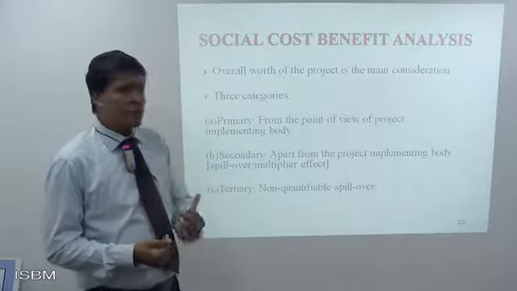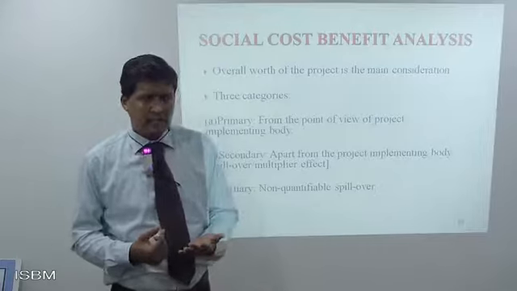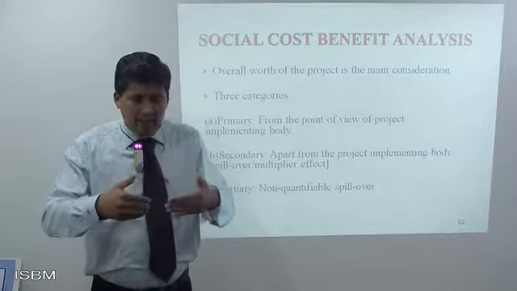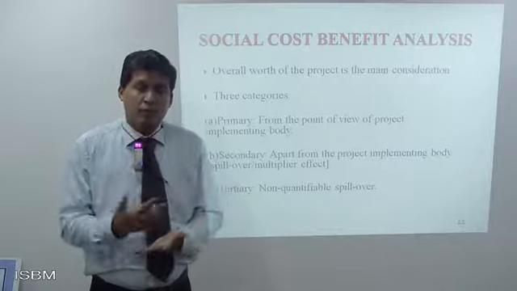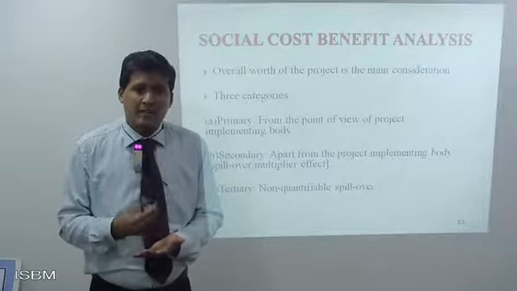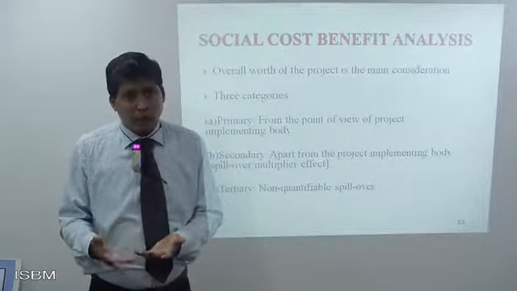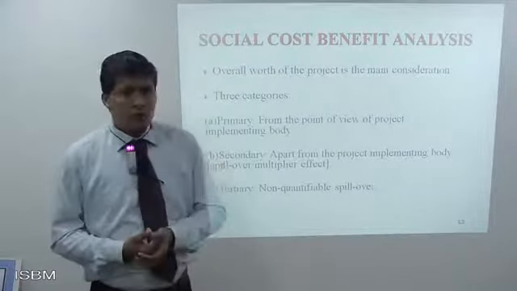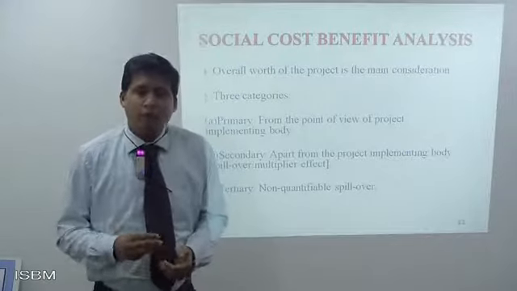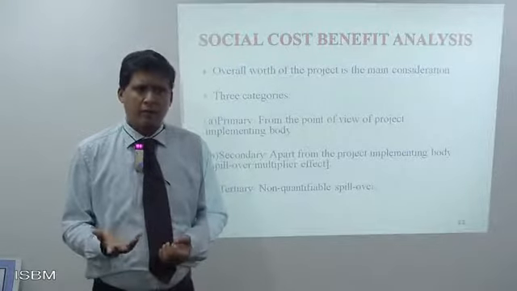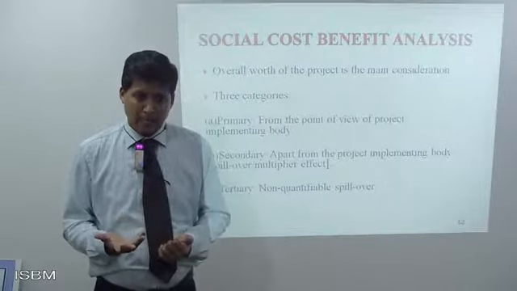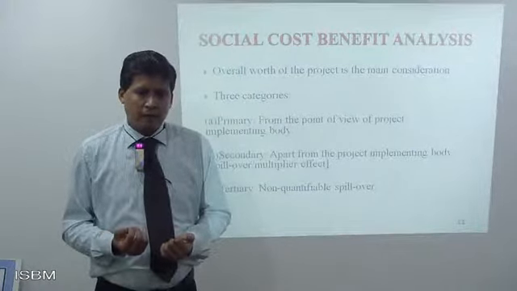Tertiary is non-quantifiable spillover. Spillover is the effect that doesn't have a normal formula. Effects normally are seen doubling, tripling, but spillovers are sometimes exponential in nature. So when we speak of cost benefit analysis, take for example word of mouth. Let's take a simple example of word of mouth marketing or word of mouth sales. Now I'll give an example.